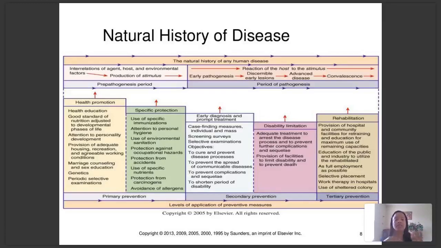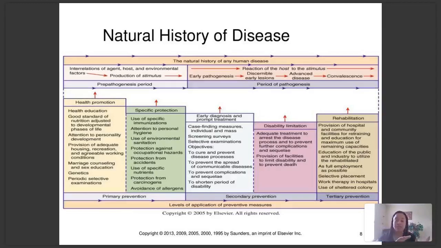So you will see from a community health nursing standpoint, there's a few things you want to pay attention to. You'll see in the middle of your slide there, you're going to see 5 columns. You see health promotion is where the pre-pathogenesis period is. That's the period where all the agent, host, and environmental factors all start to kick in together.